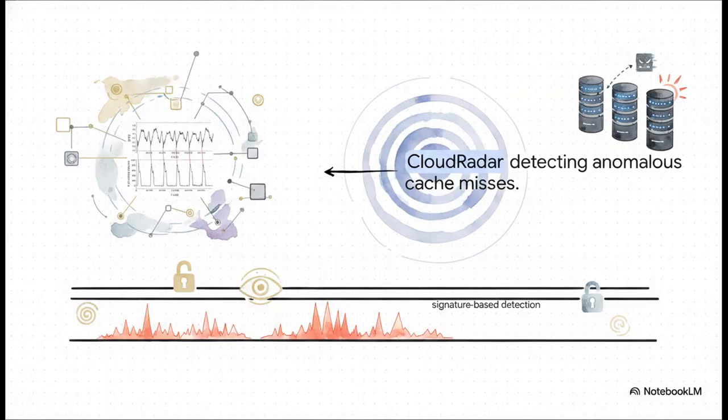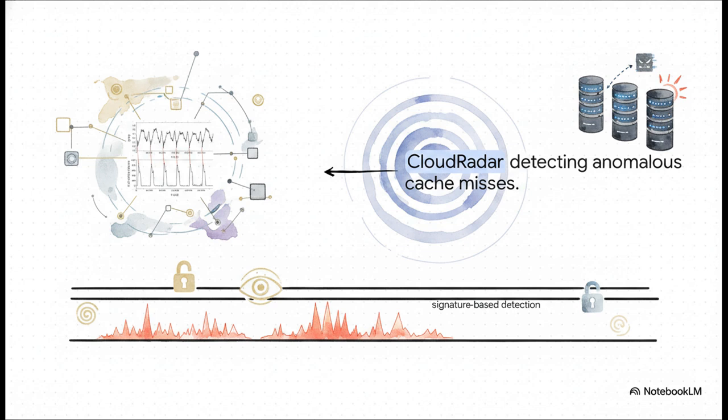Think of Cloud Radar like elite hotel security operating on two separate tracks. First, using signature-based detection, it actually notices when a protected VM starts executing sensitive cryptographic operations. Simultaneously, using anomaly-based detection, it watches the hardware performance counters of all the other VMs for unusual cache behavior.